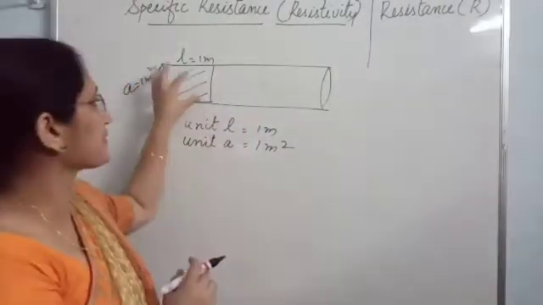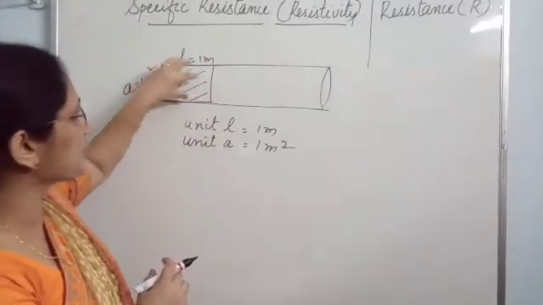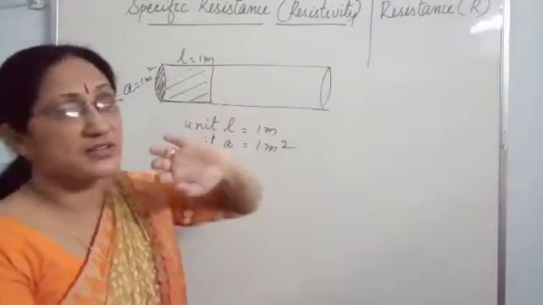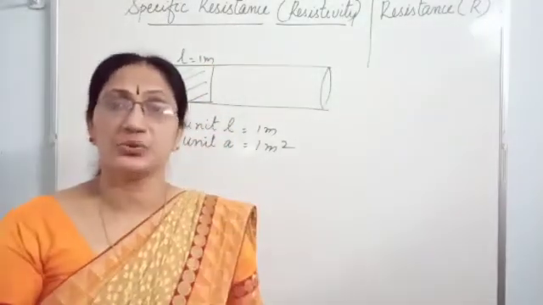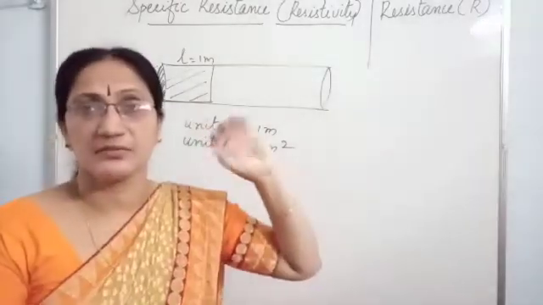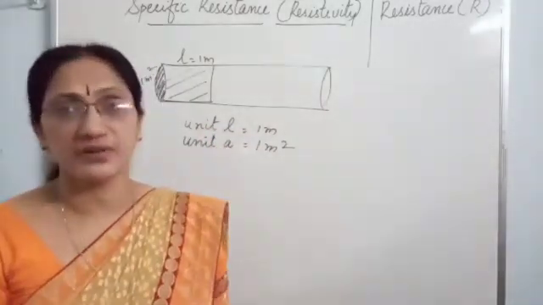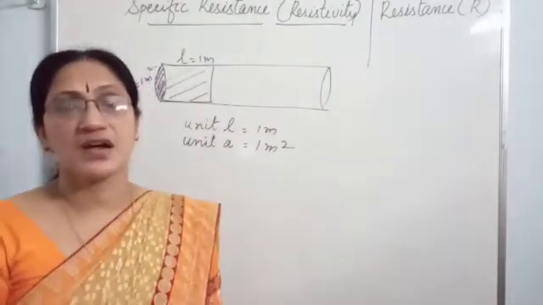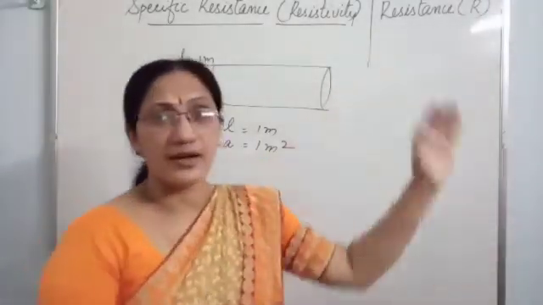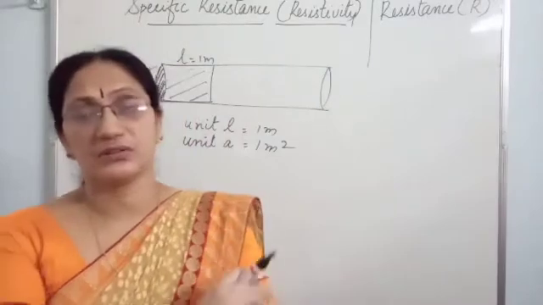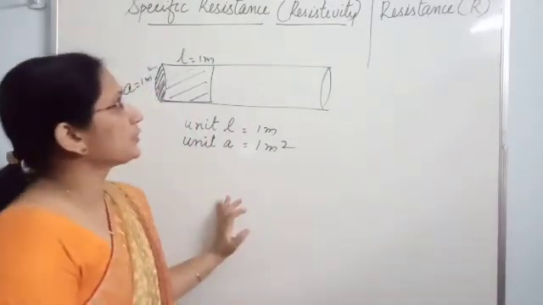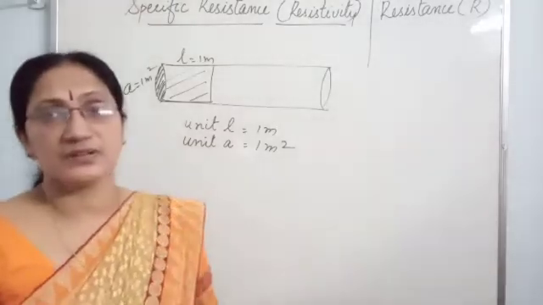So its specific resistance, meaning resistance of this unit volume, also changes. So specific resistance depends on two factors. It depends on the nature of the substance. For different substances, different will be the specific resistance, and it depends on the temperature. But resistance depends on length, thickness and all other factors. Now how to calculate the specific resistance?